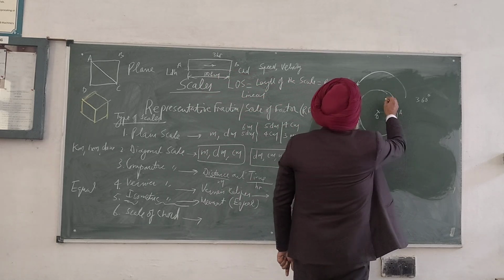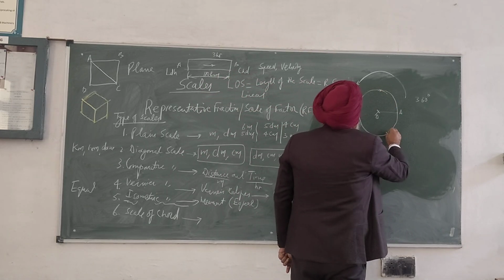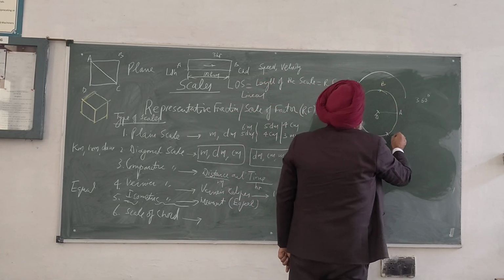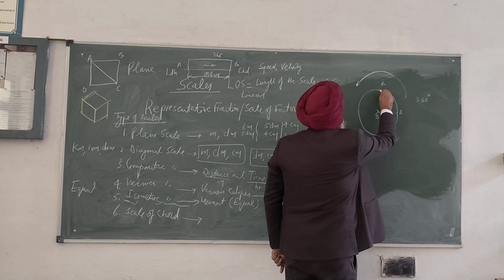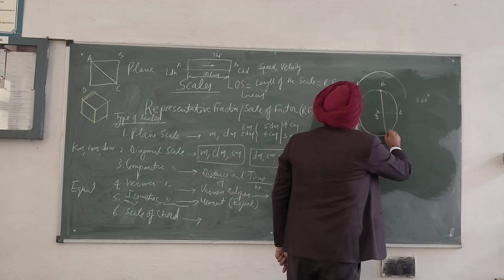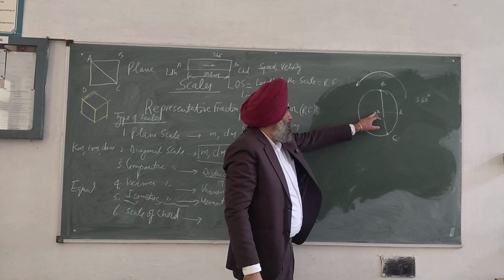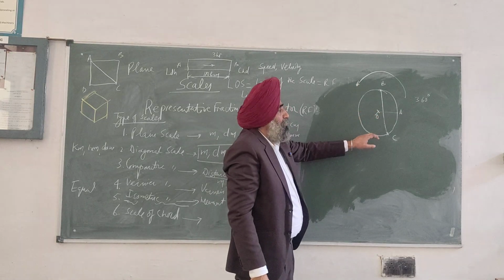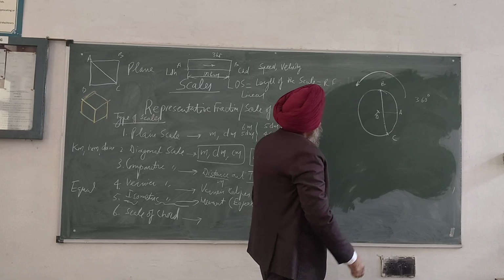I take 2 points B and C on this circular part, and if I join them by a straight line, this straight line should not pass through the center of the circle. If it passes through the center of the circle, then it is not a chord.